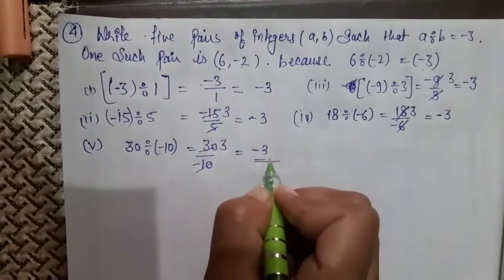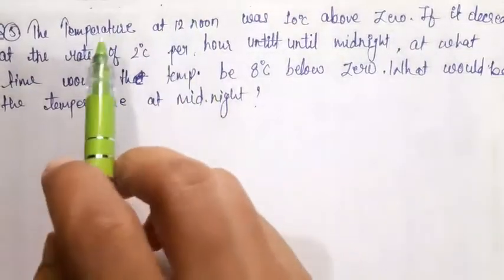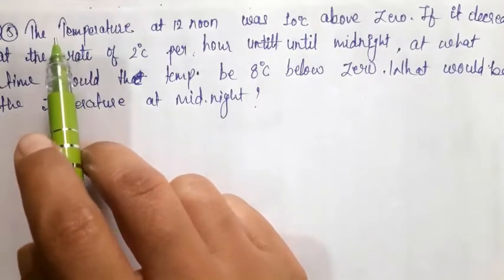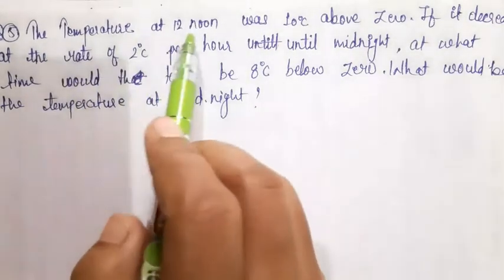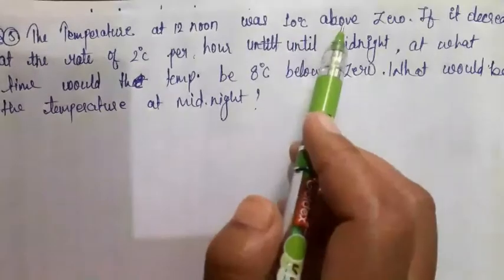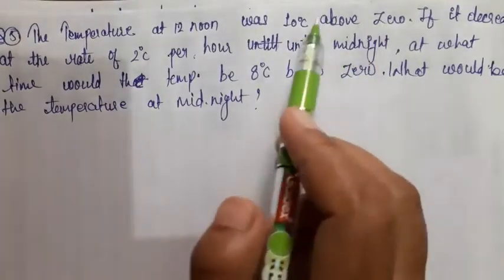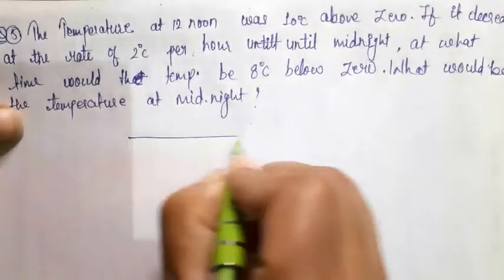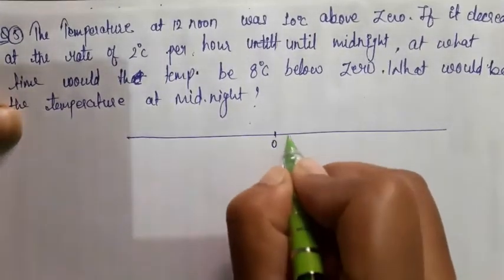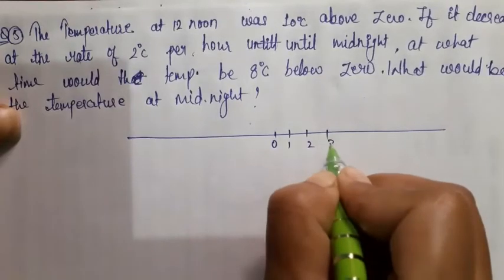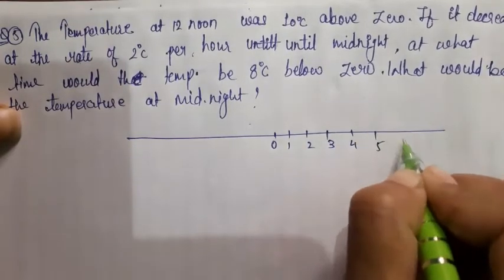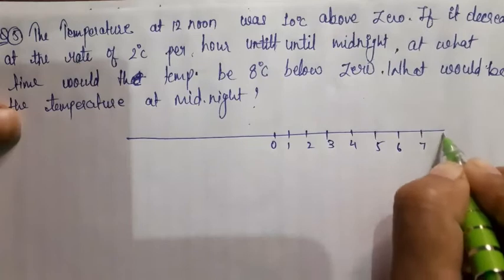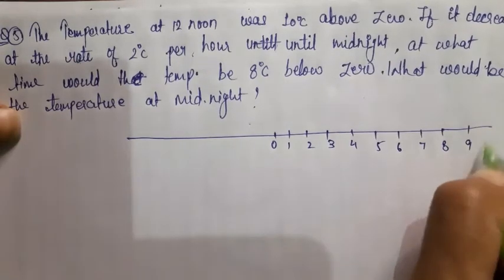Now these are the answers. Now coming to question number 5. Here your question is: the temperature at 12 noon was 10 degrees Celsius above 0. Here I plot a number line. This is 0, 1, 2, 3, 4, 5, 6, 7, 8, 9 and 10.